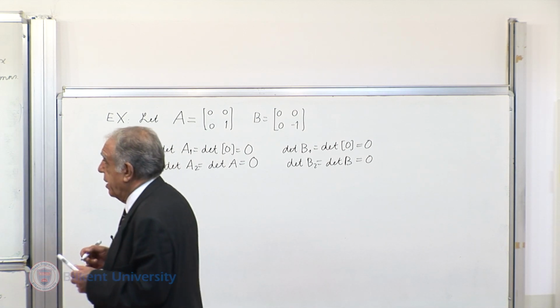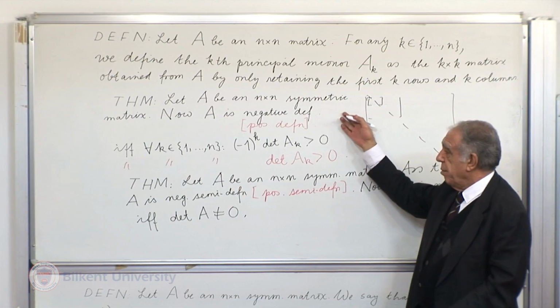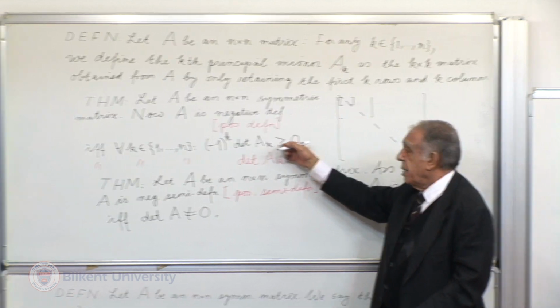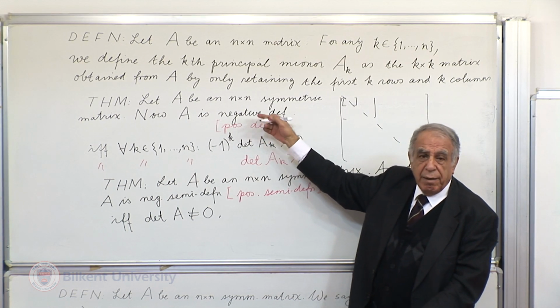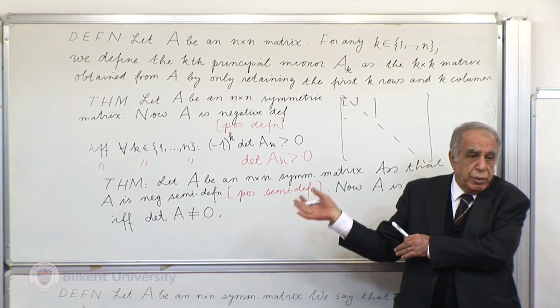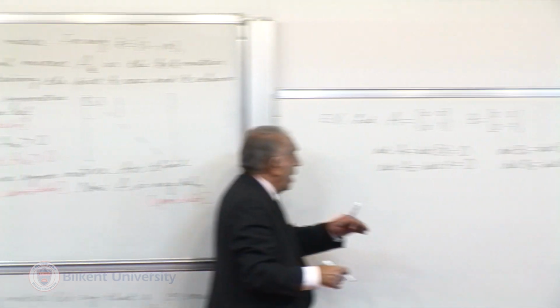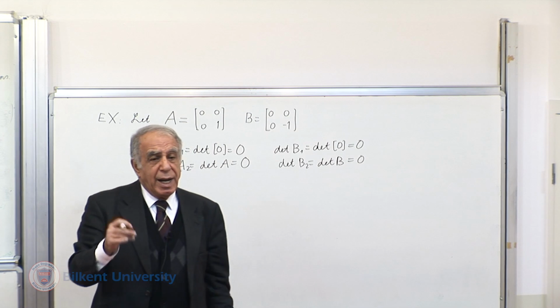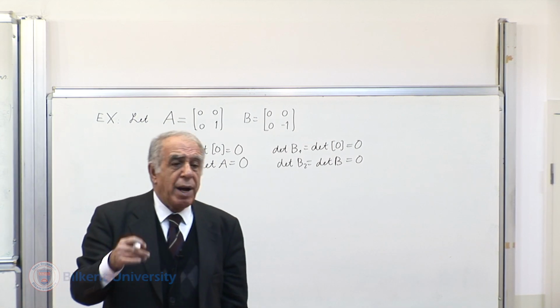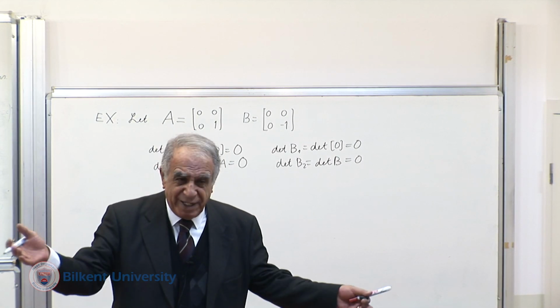So there is no difference concerning the determinants of the principal minors of these two matrices. If the version of this theorem, with weak inequalities and the semi-definite forms, were true, then either both should be negative semi-definite, or positive semi-definite, or neither.